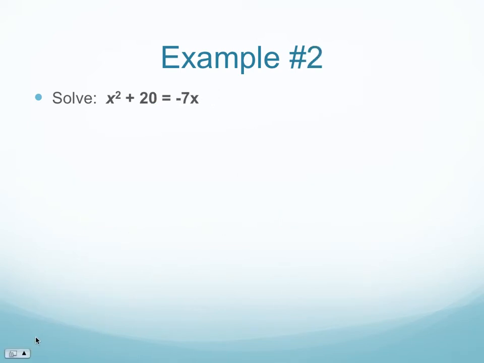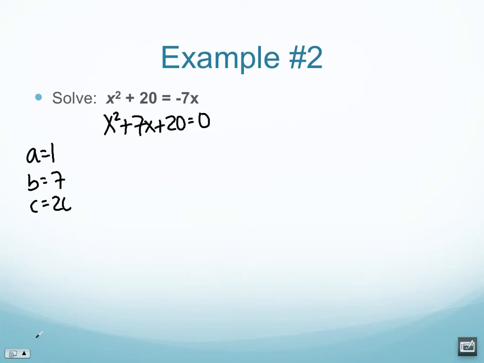Here's the second example. First thing that we need to do is move that 7x over. Everything has to be set equal to 0. So that's x squared, add 7x, add 20 is equal to 0. Now, our a is 1, our b is 7, and our c is 20. Again, I'm going to write the blank formula.